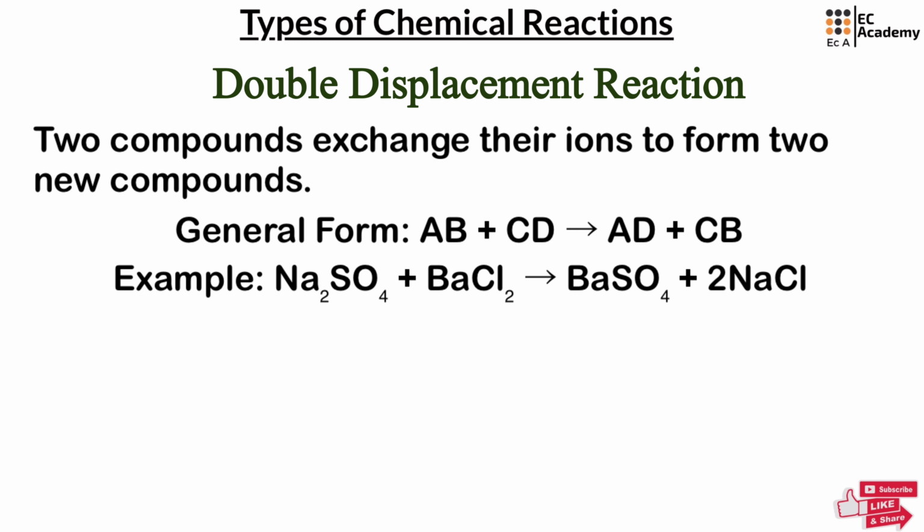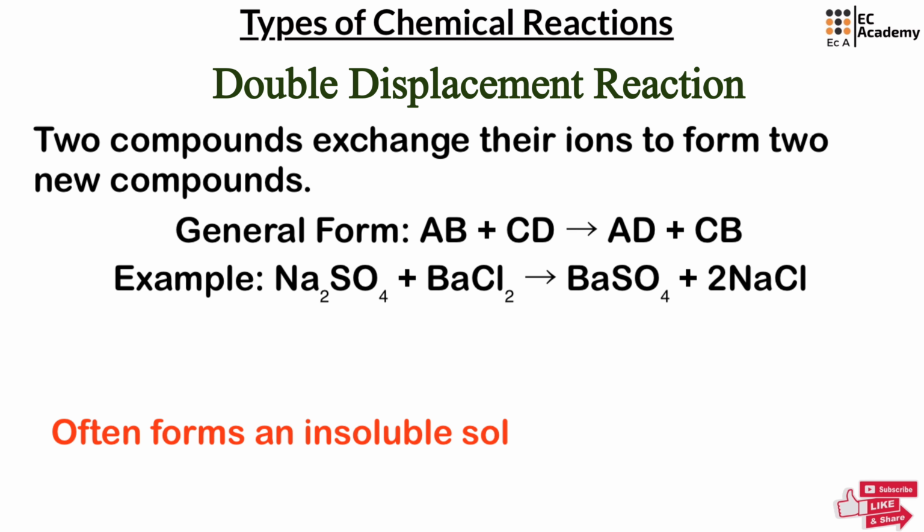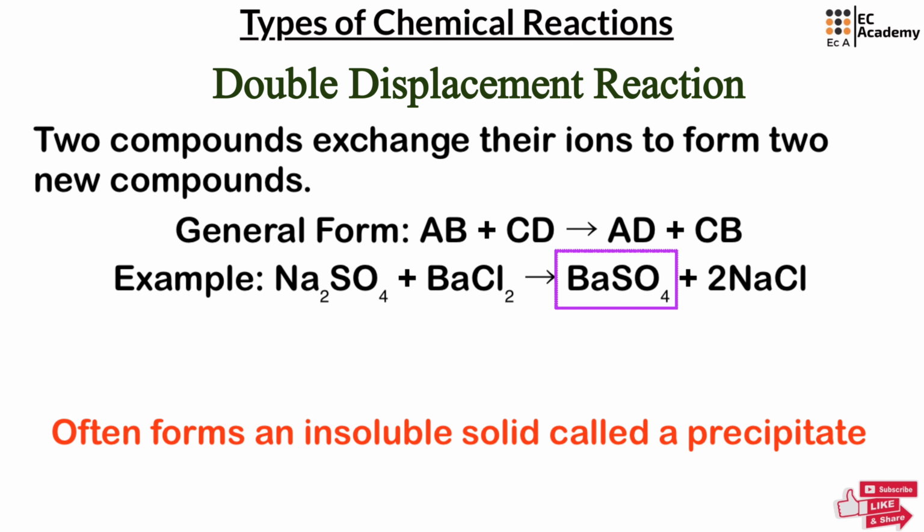Here, both exchanged the ions. It is very simple, right? Another important point, many double displacement reactions form an insoluble solid called a precipitate. Here, BaSO4 forms a white precipitate. So if you see partners exchange, it's a double displacement reaction.